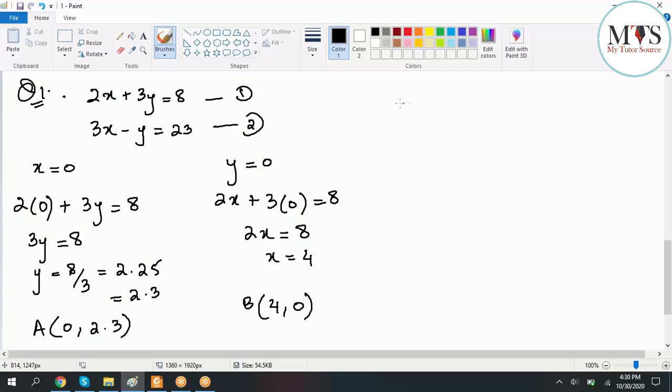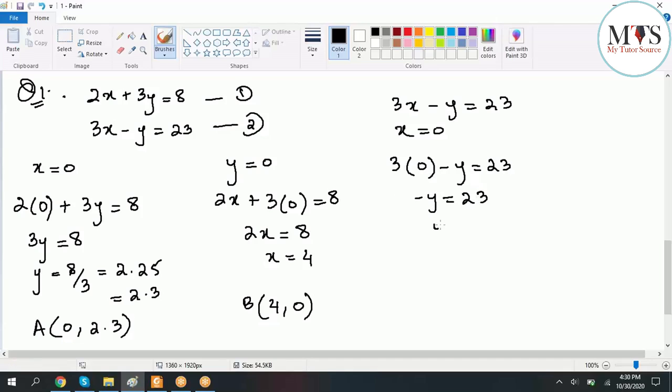3x minus y equals 23. If x equals 0, we do 3 times 0 minus y equals 23, so y equals negative 23.